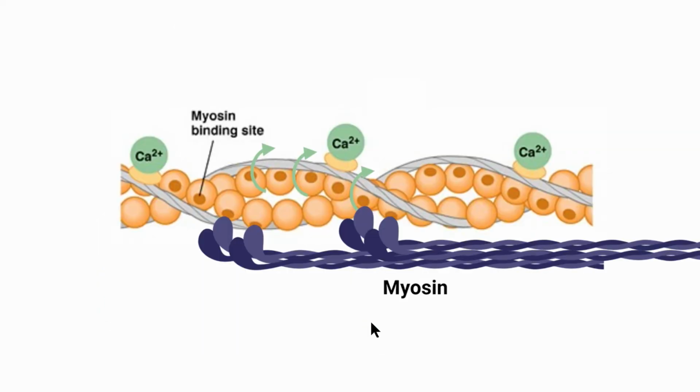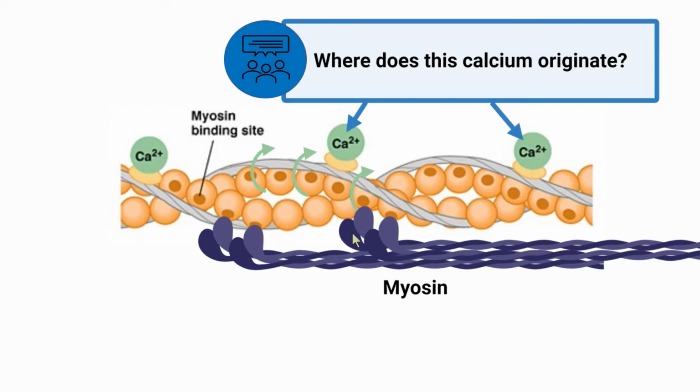And then myosin can then bind to actin, and they can hug it out. So that's sort of a really classical understanding of how this all works.